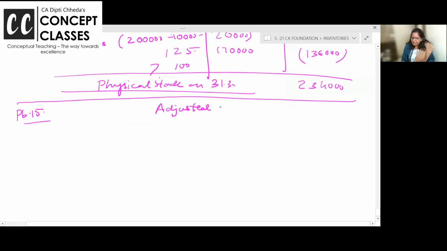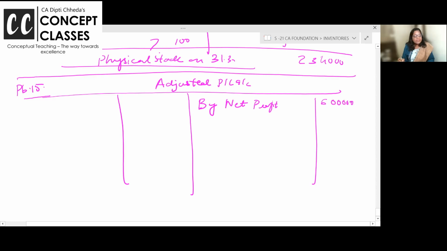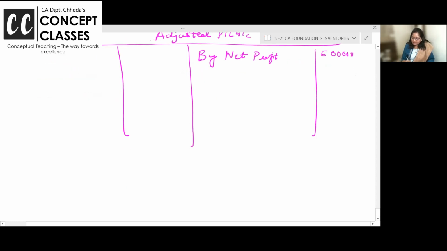Adjusted P&L account we are preparing. So the adjusted P&L account will start with the net profit, what they have given. It will start with the net profit, what they have given: 6 lakhs. And after doing this, just leave the statement.